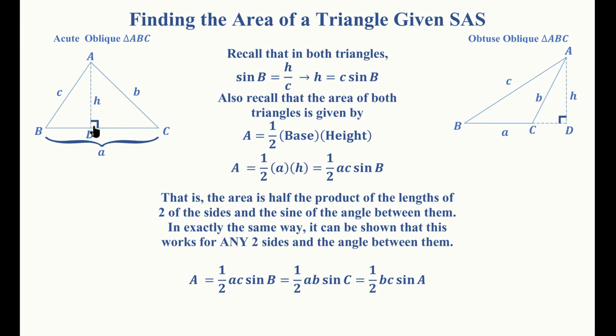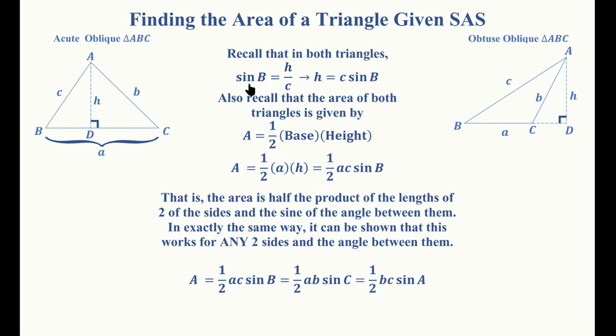And notice that sine of the angle B will be H over C. These are the same graphs we saw in the beginning when we proved the law of sines. And also recall that the area of both of the triangles is given by 1/2 of base times height. So notice, for example, in this case, the base is A and the height is H. So we get 1/2 of A times H.